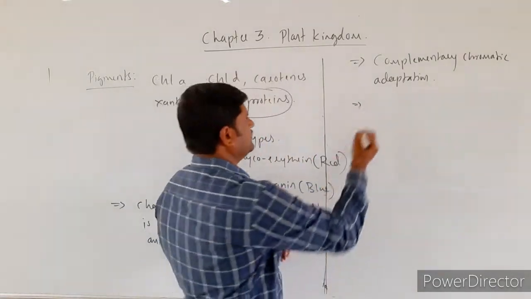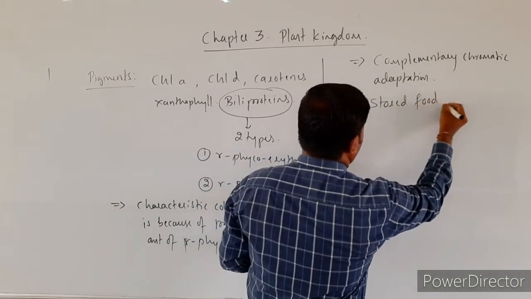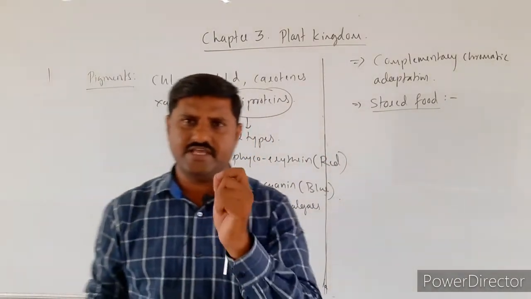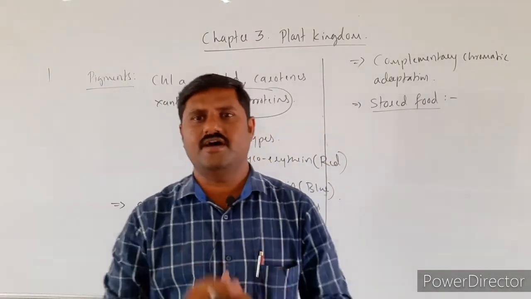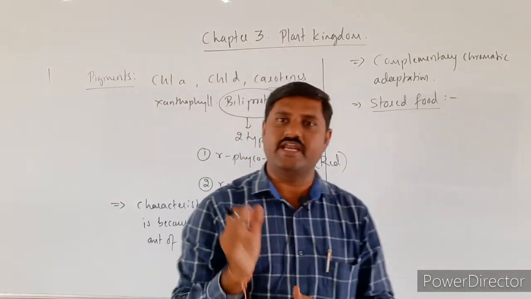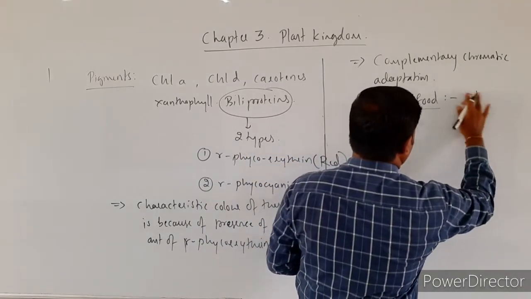Then what is the stored food material? Stored food material in these red algae, very unique feature, is a kind of starch. That starch is called as Floridian starch, right?